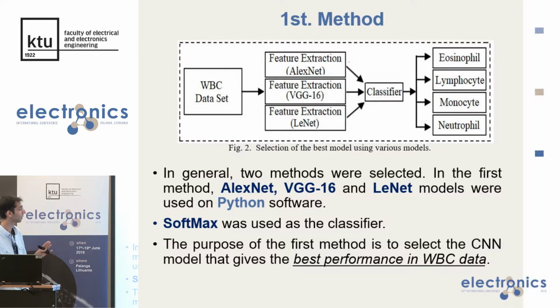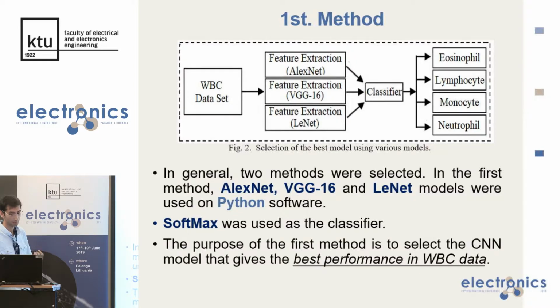The best performance is AlexNet, which gives accuracy and features, and then the features go to a classifier for four types of white blood cells.